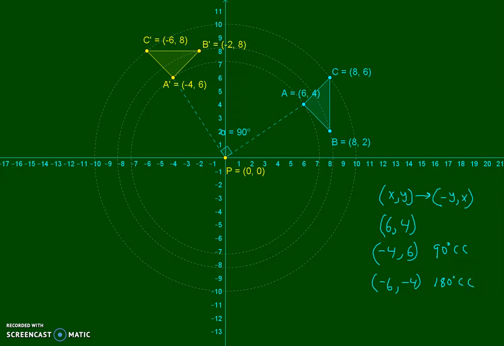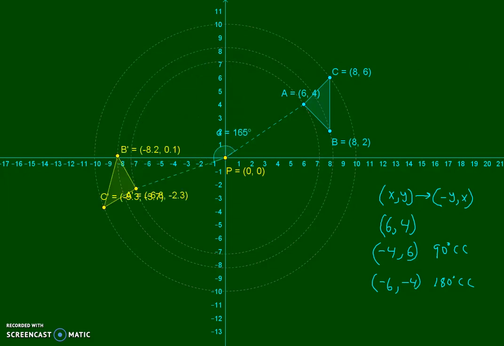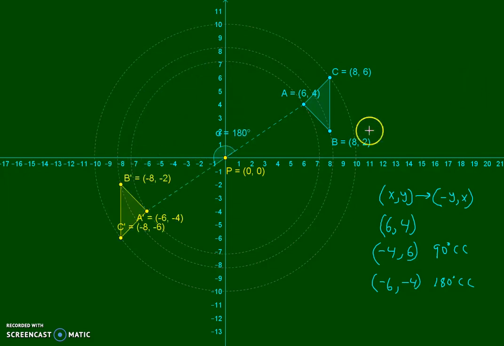So let's rotate this through 180 degrees. And there we are. And look at point A. Negative 6, negative 4. Now if we did it again and rotated it 270, we'd be taking this set of points and applying this transformation yet again, which is the same as applying this transformation 3 times to our pre-image points.